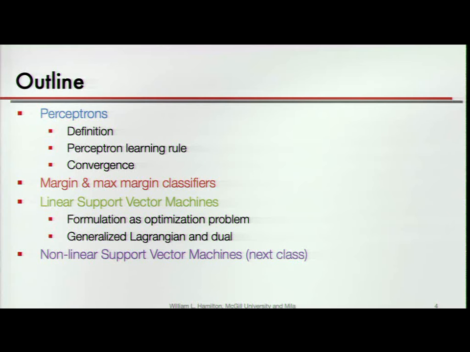This simple model is going to motivate this idea of what we call margin and max margin classifiers, of which linear support vector machines are a very classic example, and we'll discuss those today. And then in the next lecture, we will discuss how to actually develop what can be called nonlinear support vector machines or kernel-based support vector machines.